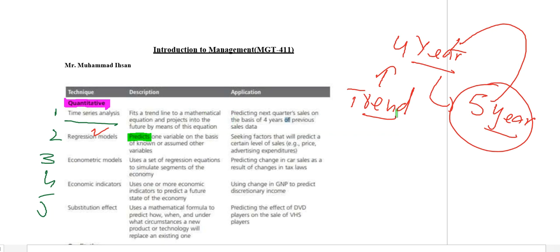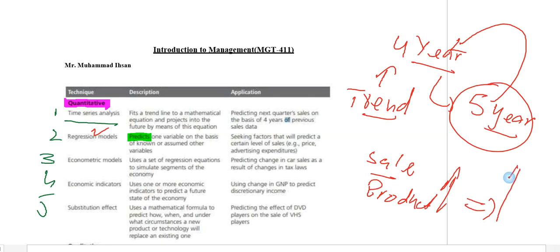For example, we can say that in future our sales for a product may increase if we spend more money on advertisement.